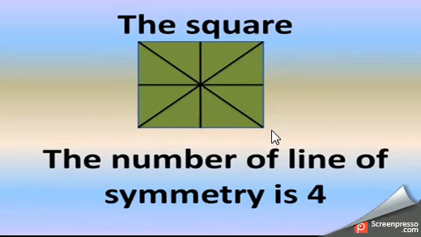And the two diagonals of the square, I consider all of them lines of symmetry. And when I draw a horizontal line, I consider it a line of symmetry, so the number of lines of symmetry of the square is 4. Attention with me: the square has 4 lines of symmetry.